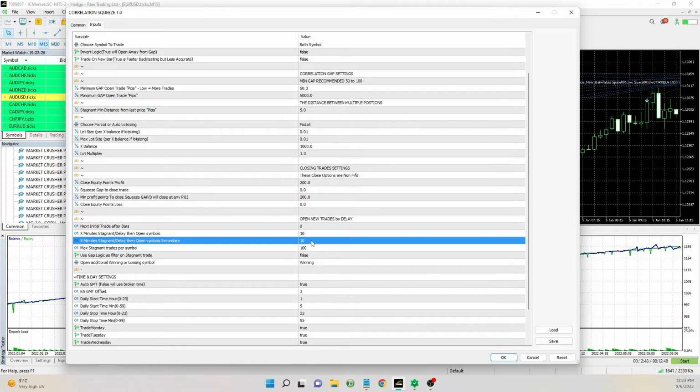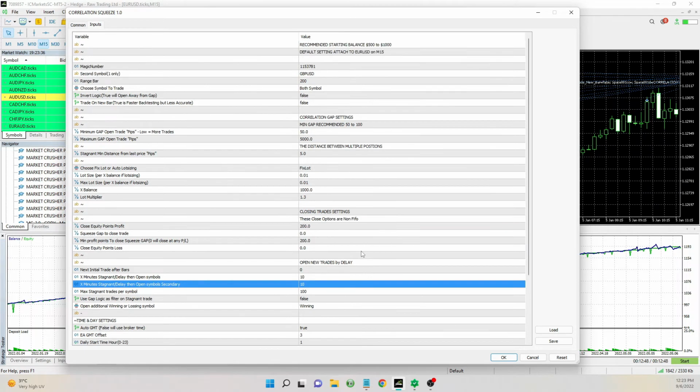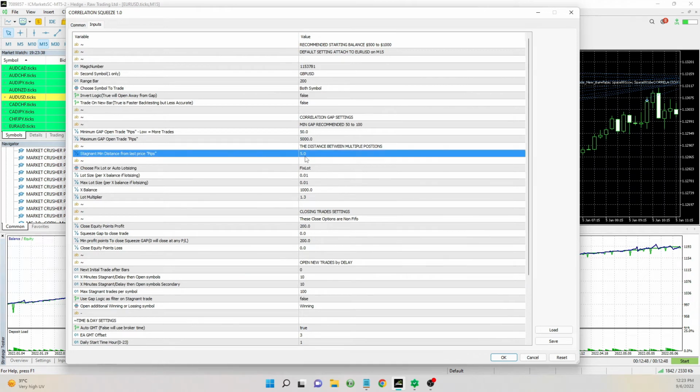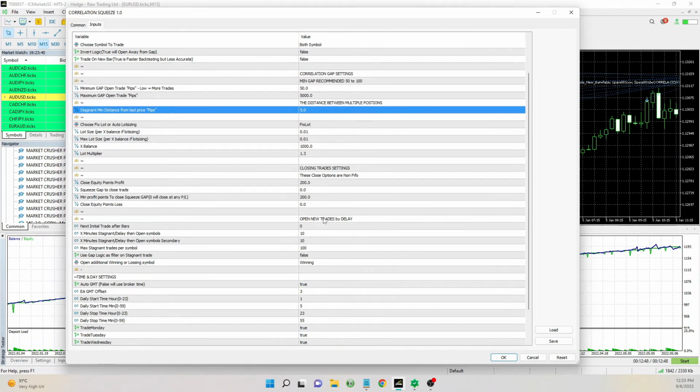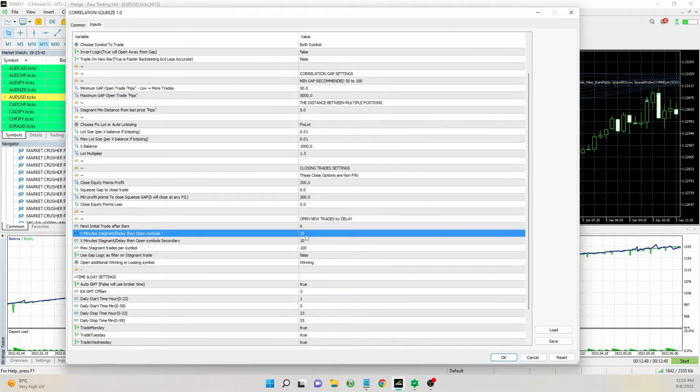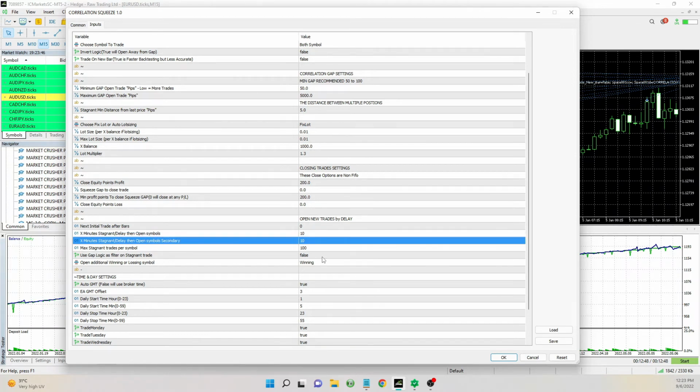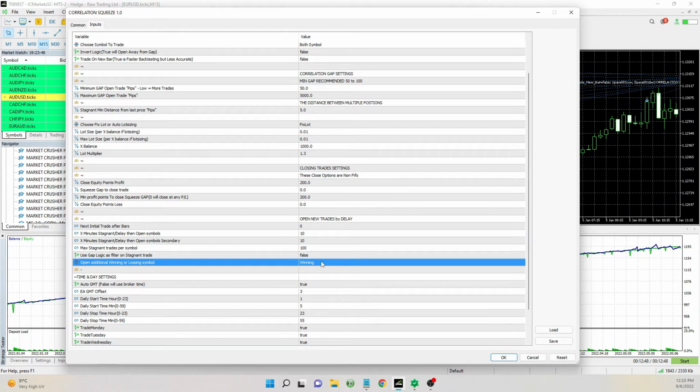We have 10 minutes delay between each trade, so every 10 minutes it's going to look to see if it can open a trade, and right now we're at 5 pips. So if it's moved 5 pips or more and 10 minutes have gone by, it will open up another one if it's in a winning trend for that particular symbol.